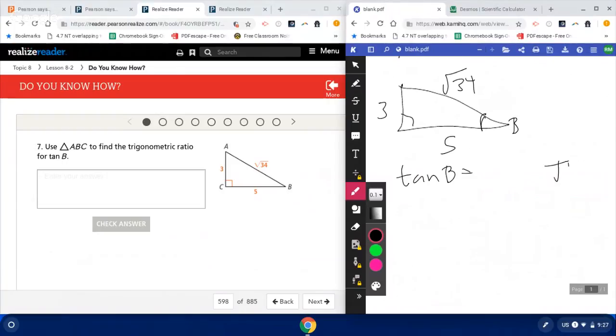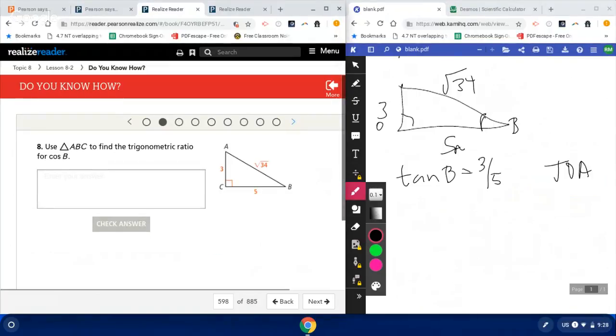Tangent is TOA, so that's opposite over adjacent. That's just 3 over 5. Okay, so that's what they're getting at when they ask for that ratio. They want us to find that fraction and not do anything else with it.